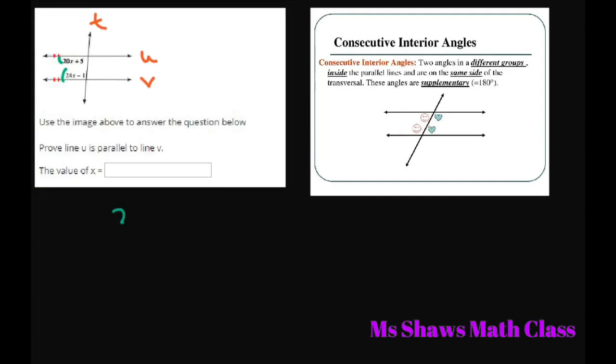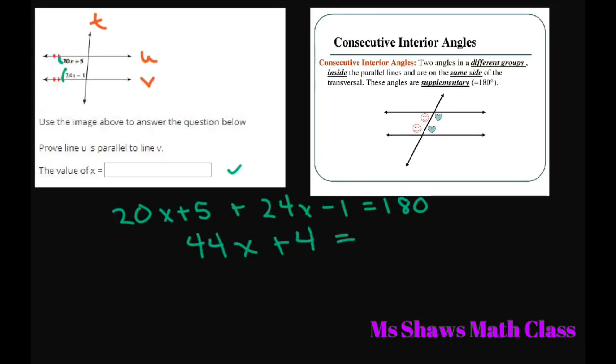Just set it equal to 180. So we're going to add these 2 up, and it should equal 180, and solve for x. And that's what they want anyway. So 44x plus 4 equals 180.